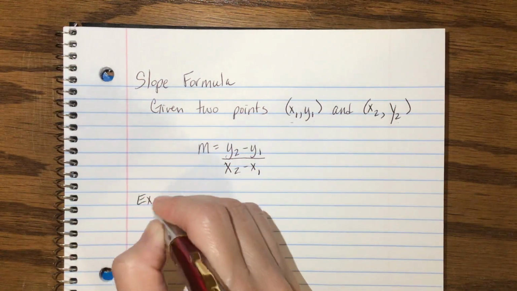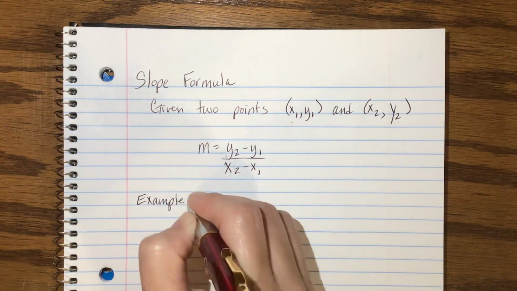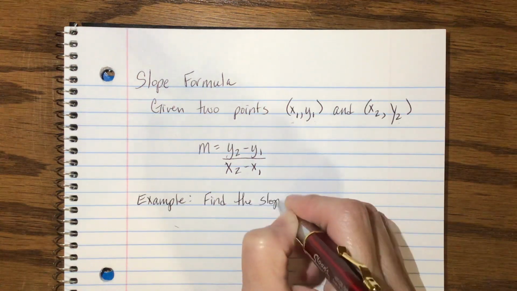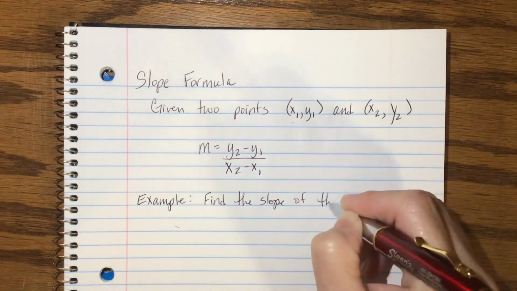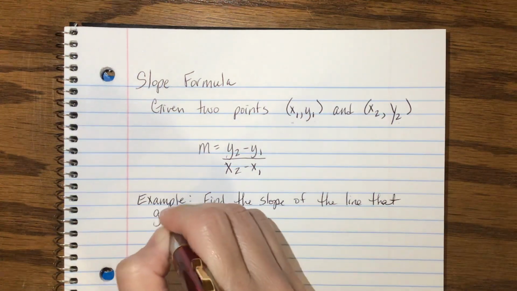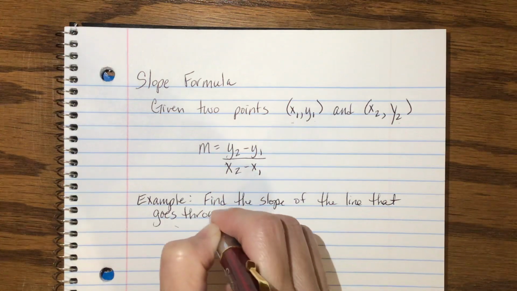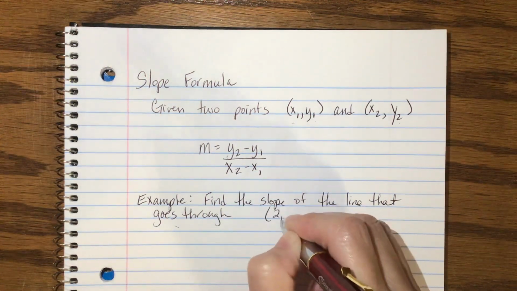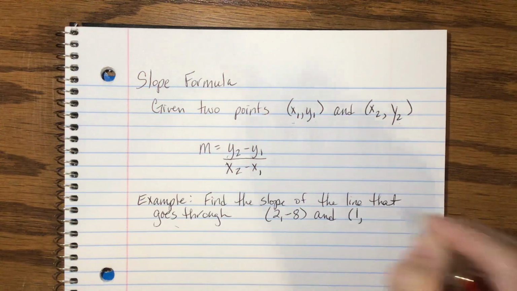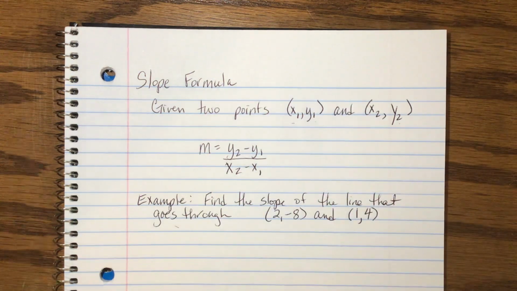So for example, find the slope of the line that goes through (2, -8) and (1, 4).